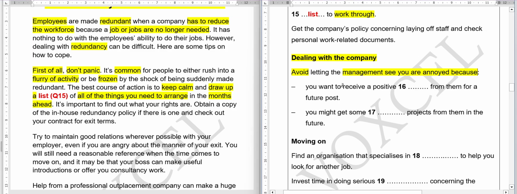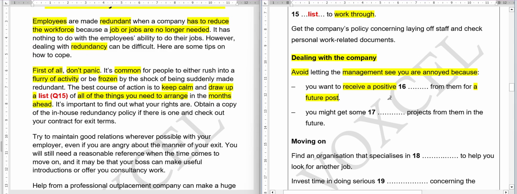Okay, because you want to receive a positive something from them for a future post. So for the future, if you apply for any post in a new company, you want something like positive feedback, or you can say positive recommendation.